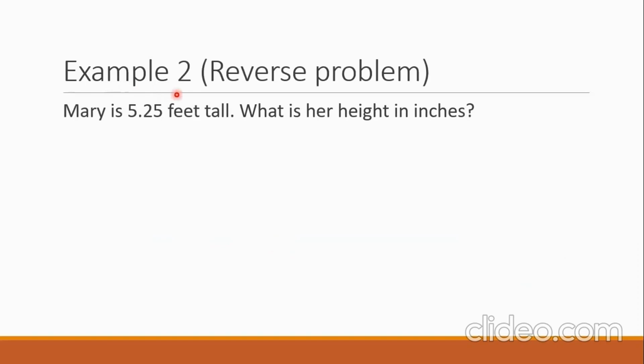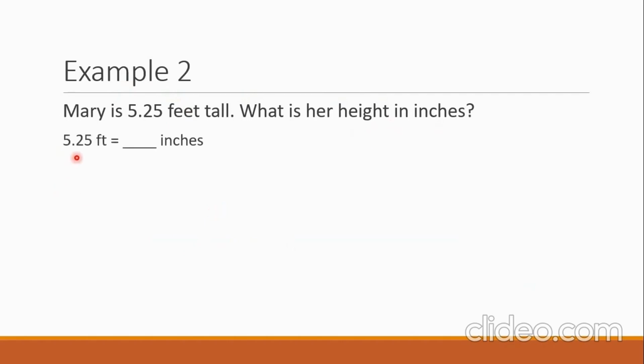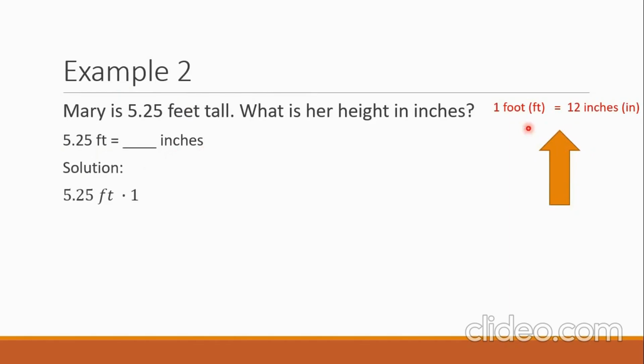Let's go to example 2, and this is the reverse problem. Mary is 5.25 feet tall. What is her height in inches? So we write the problem, 5.25 feet equals blank inches. So again, we're going to use this formula. So I'll go to my solution, 5.25 feet times a quantity that is equal to 1.